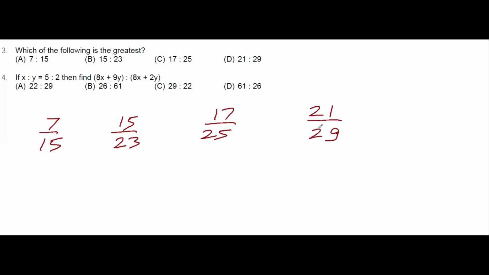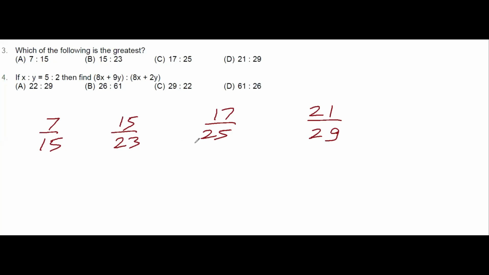Question number 3, it says which of the following is the greatest. Okay, so I have 4 ratios. One is 7 is to 15, second is 15 is to 23, third is 17 is to 25, and fourth is 21 is to 29. I need to find which is greatest. So what I'll do, I will first check is there anything common in between, I mean denominator is common.